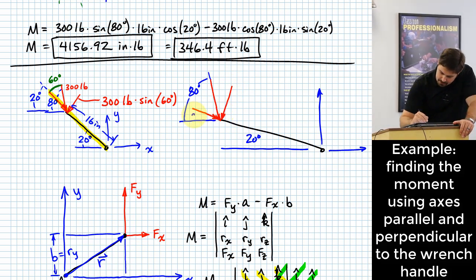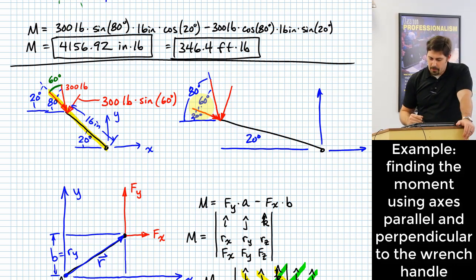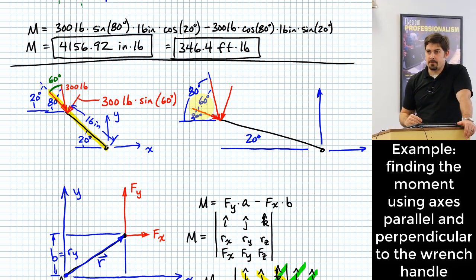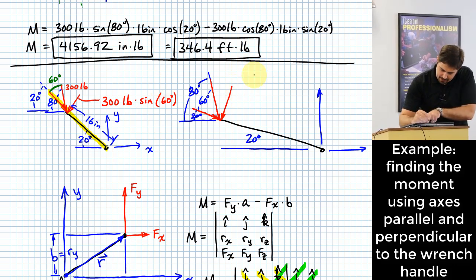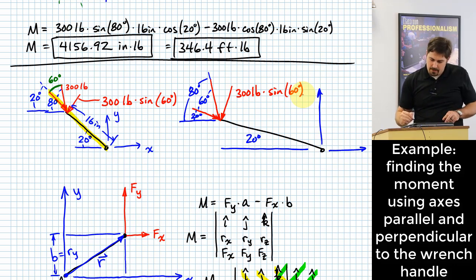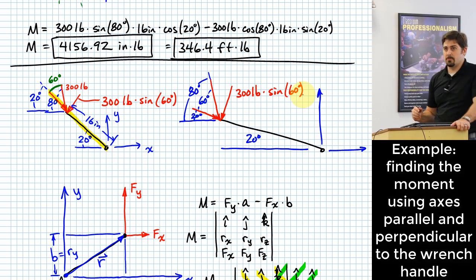And this right here is 20 degrees, which leaves this to be 60, which tells me that if I want the opposite component, which is going to be this one over here, I take 300 pounds times the sine of 60 degrees, which I think is the same conclusion I came to.